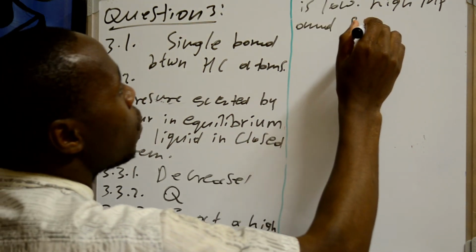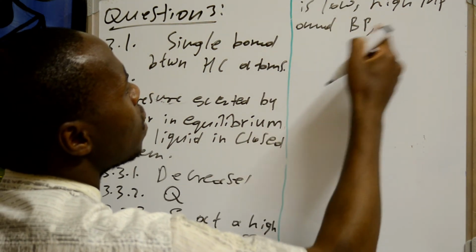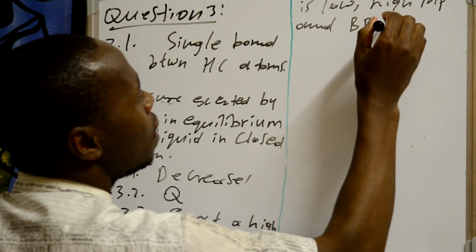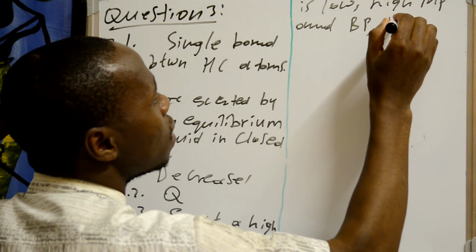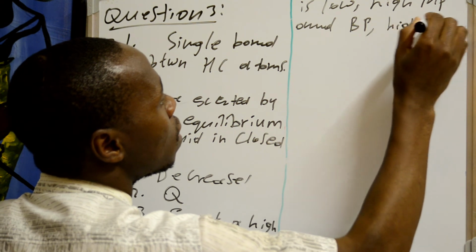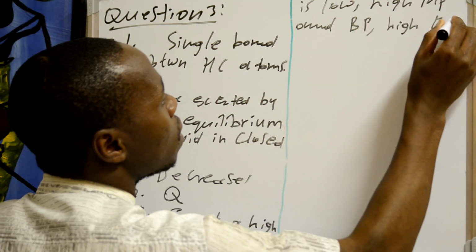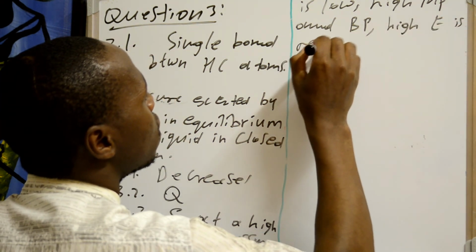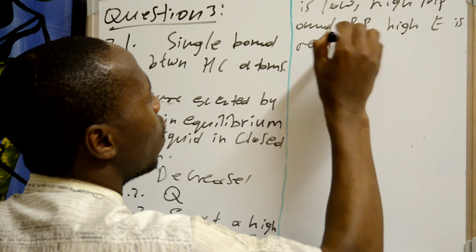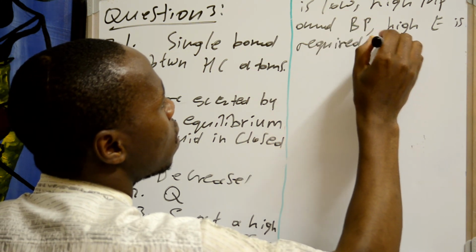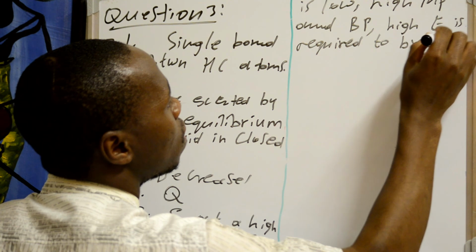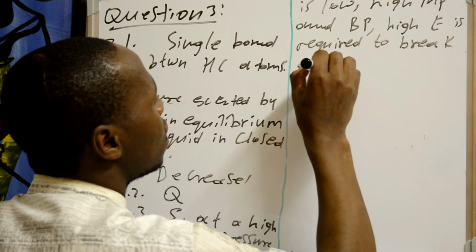So if the boiling point and melting point are high, high energy is required to break the existing bonds.